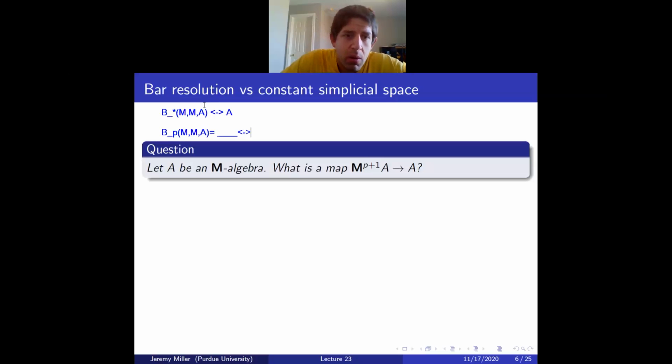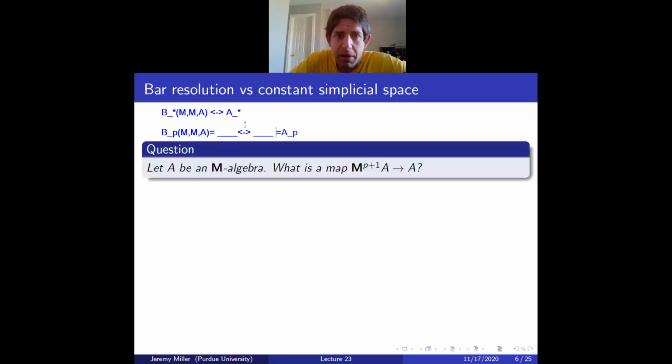We want to compare this to A bullet. So what are the p simplices of A bullet, and what are the p simplices of this bar construction?